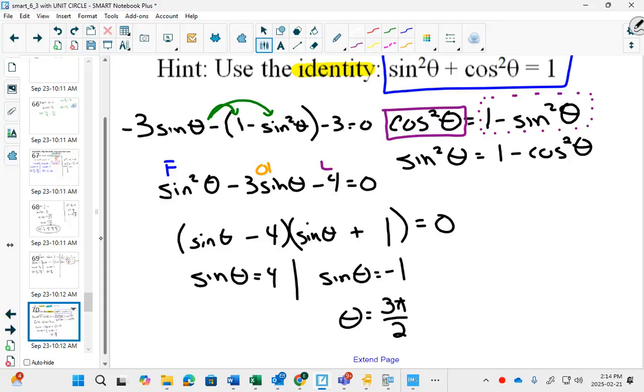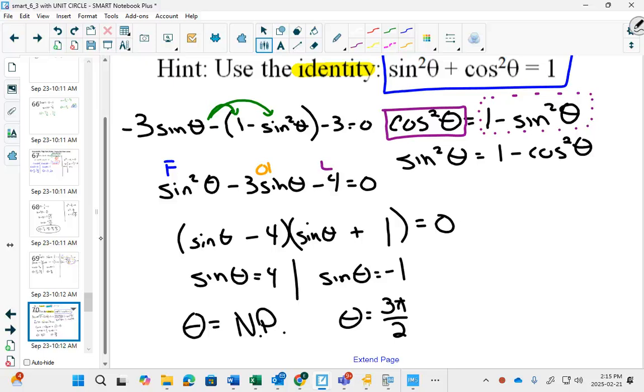But 4 isn't on my unit circle, so I think, oh, it must be a calculator question, but unfortunately, this is on the non-calculator part of your test, and 4 is not on there. Any idea how we could do this without our calculator? The answer? It's actually not possible.